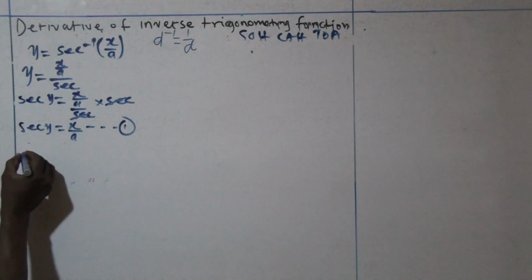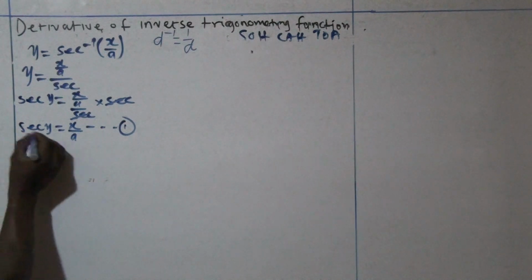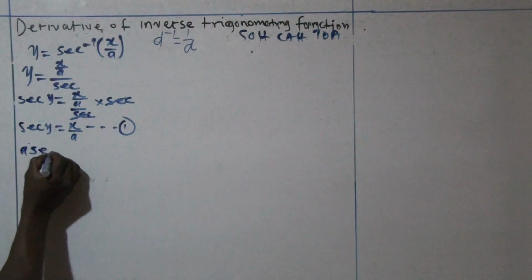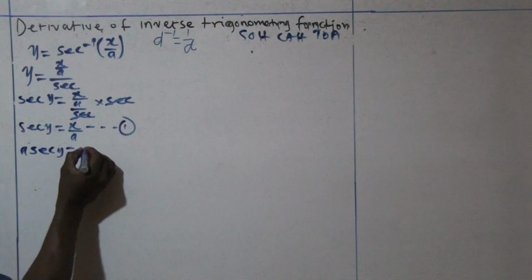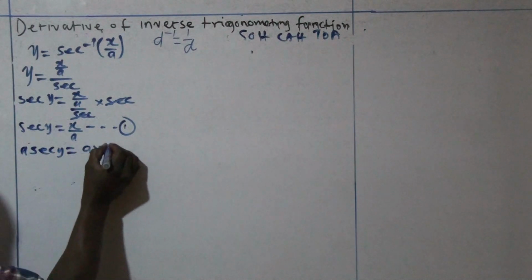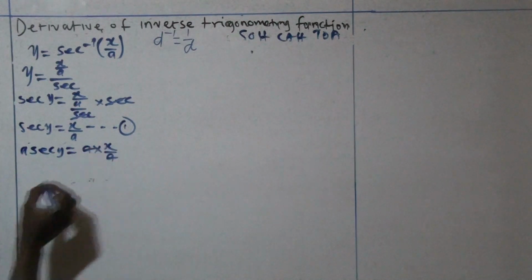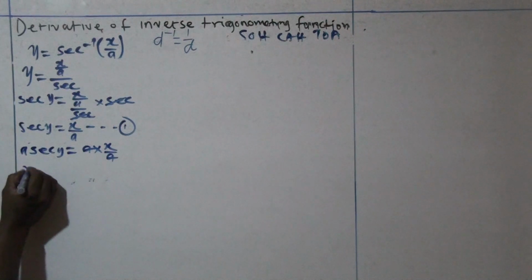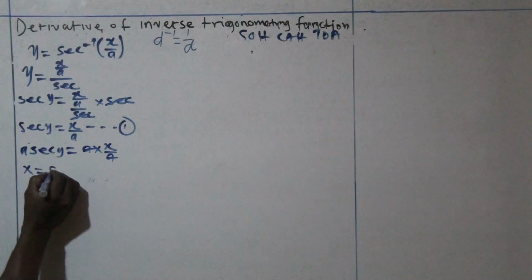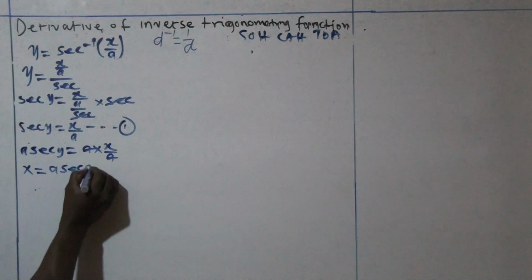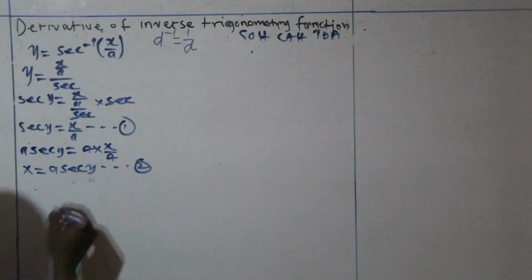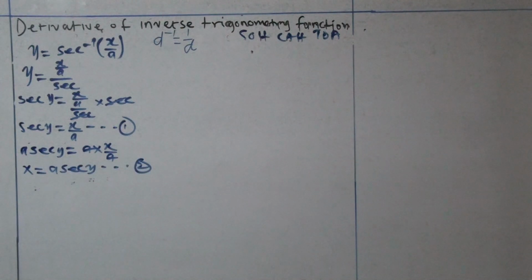We multiply both sides by a. This becomes a times sec y. Here, a times x over a will be off, and we see that x is equal to a sec y. This is equation 2.